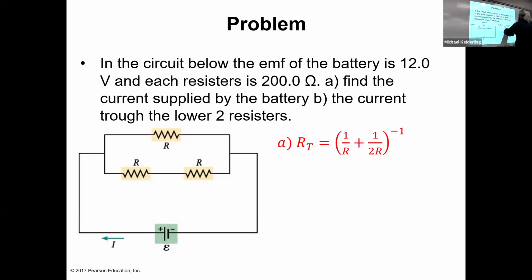So our total resistance is going to be 1 over R plus 1 over 2R, to the minus 1. Because R is 200 ohms, this branch is 400 ohms. This is 200 ohms.